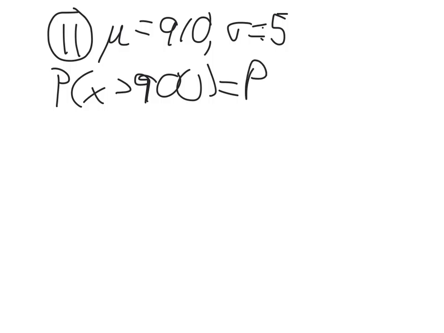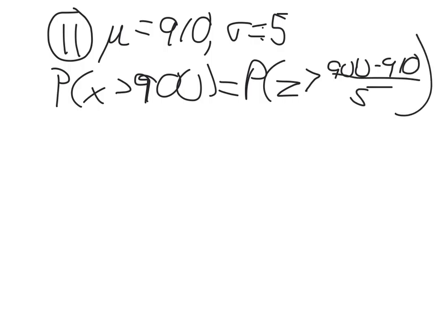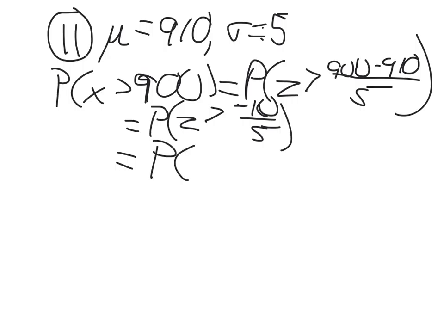So we're going to have the probability that z is greater than 900 minus 910 over 5. Okay? And that's going to be the probability that z is greater than minus 10 over 5, or the probability that z is greater than minus 2.